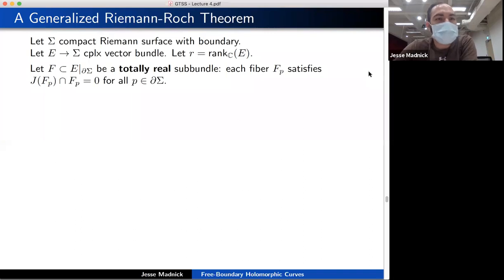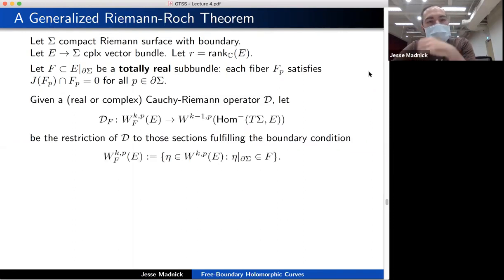That just means that J of the fiber doesn't intersect the fiber, or it intersects only at 0. So you can imagine that F is like a Lagrangian inside E, assuming that E has enough structure to define Lagrangian. This is sort of a complex version of Lagrangian, if you like.